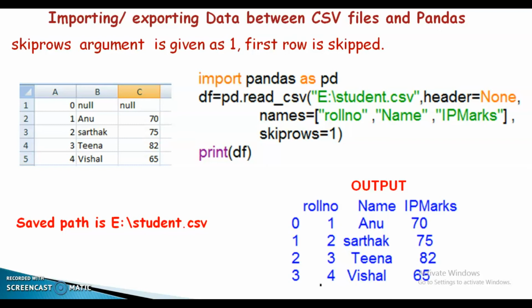From this CSV file we can identify 0, null, null as the first row. That row will be deleted by using skiprows equal to 1. Then check the output: roll number, name, IP marks. Then the remaining values we can see. Clear?